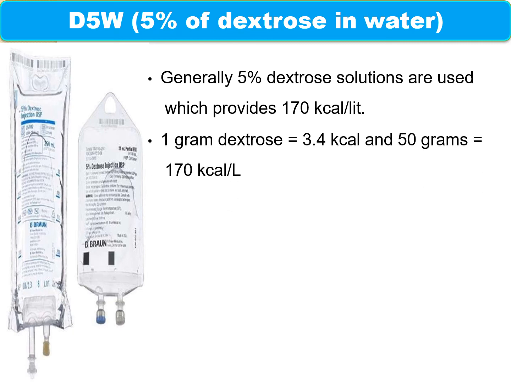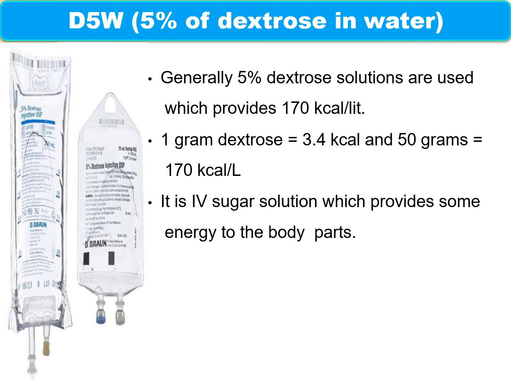We can understand with this example, 1 gram of dextrose is equal to 3.4 kilocalories. And also we can say 50 grams is equal to 170 kilocalories, as earlier we discussed the 5% dextrose solution provides 170 kilocalories per liter.